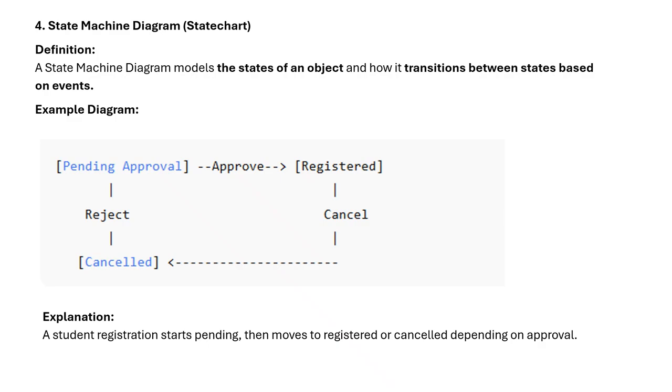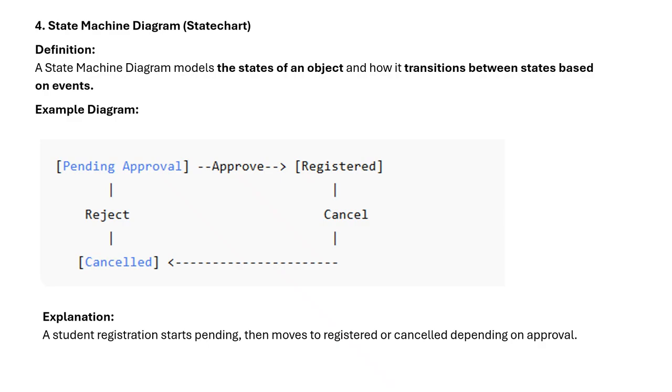Here we are showing an example of enrolling students in the class. This is for registration. The student wants to register in the university, for example. The first thing is the student fills the form or the application, and then the application is pending approval. It's pending, not accepted yet.